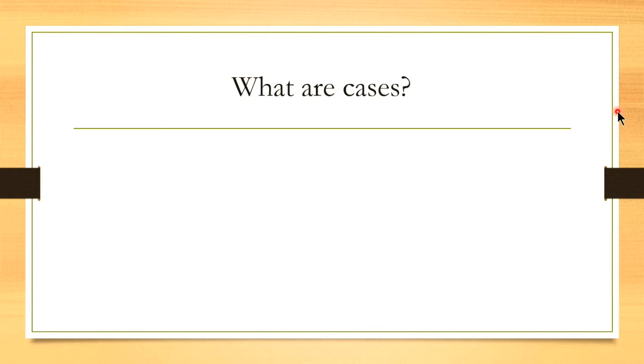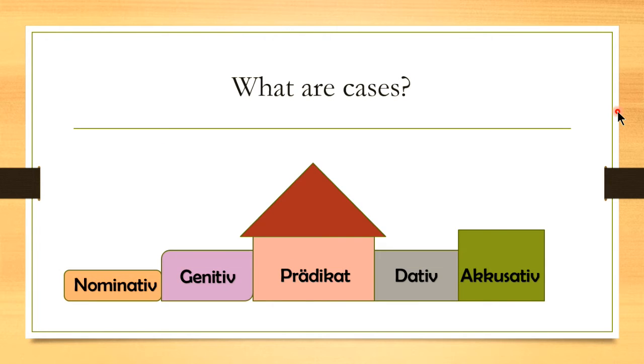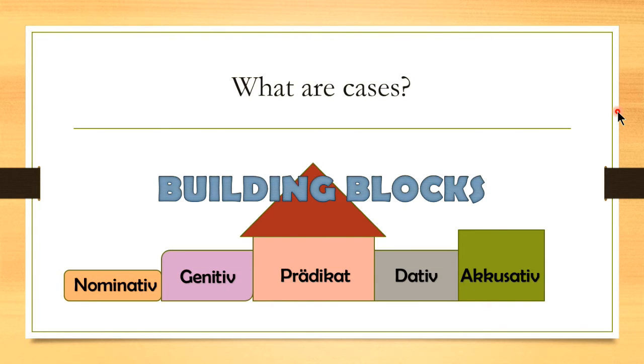So what are cases? Cases are, generally speaking, the building blocks of building sentences. To be quite clear here, it doesn't mean that every single sentence always has to have all of the cases, but cases are really just some of the building blocks to use for some sentences.